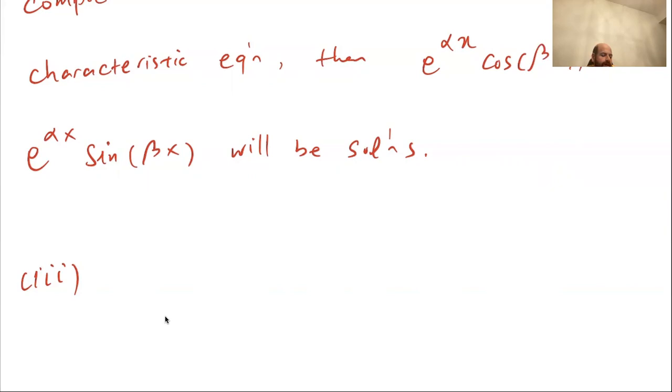And what about if we have repeated roots, roots with multiplicity more than 1? For example, if 5 and 5 and 5 are roots.